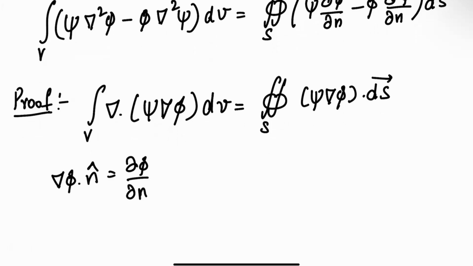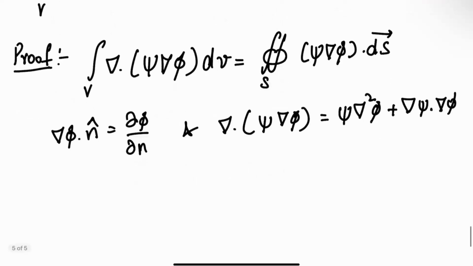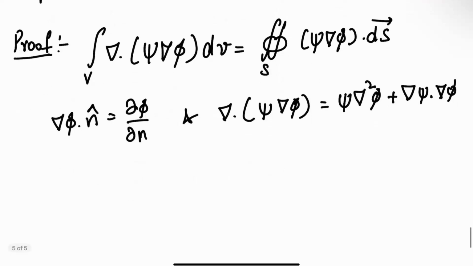That's something we saw in lecture 0. It's the directional derivative along n hat. That's what the gradient really means. And then we also had the divergence of a scalar function times a vector function. So here the vector function is grad phi, giving psi Laplacian of phi plus grad phi dot grad psi. This is also something we've seen in lecture 0. It's sort of a reminder.